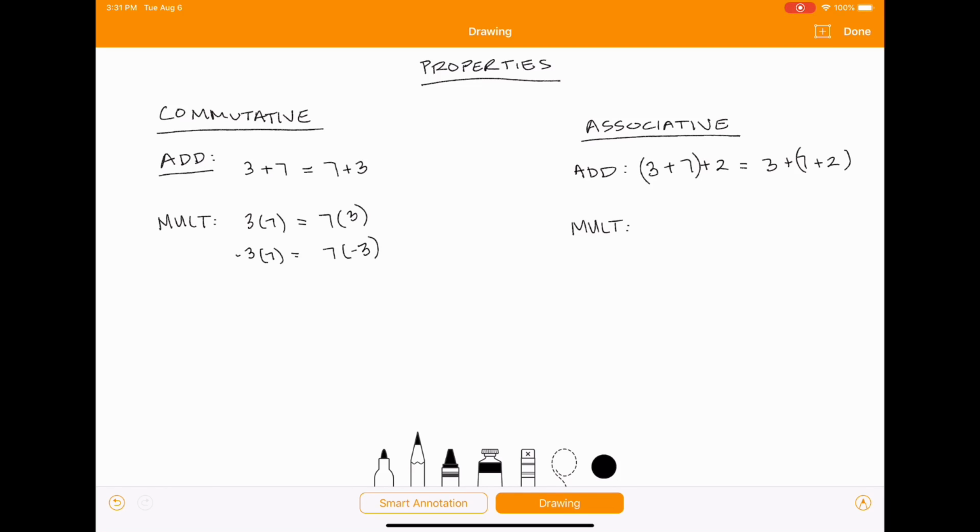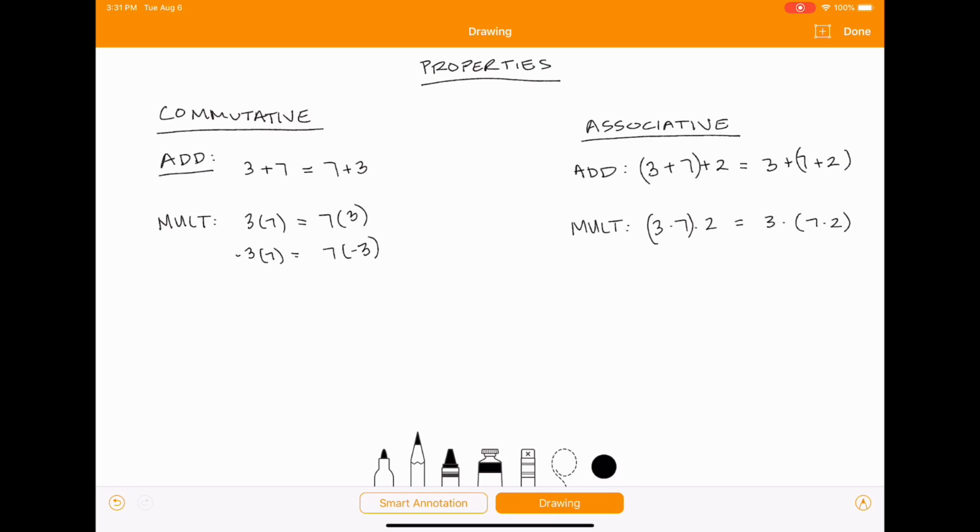And that's very similar to the associative property for multiplication. It says changing the grouping of the numbers in a product does not change the product. So if we had 3 times 7 times 2, and we group these together and say we do the product of 3 and 7 first, and then times that by 2, that's going to be the same as doing 3 times the product of 7 times 2, where you did 7 times 2 first.